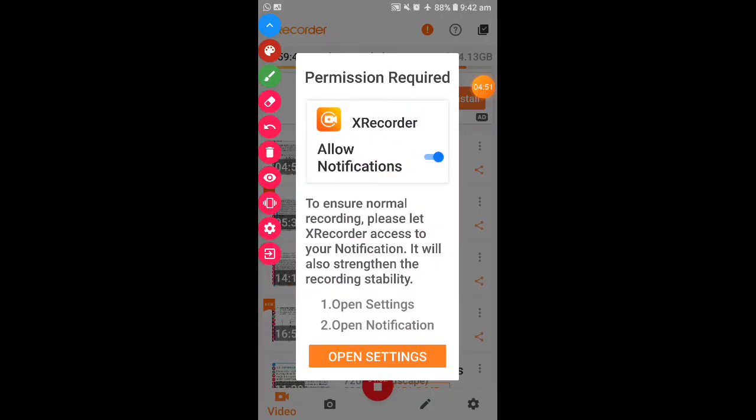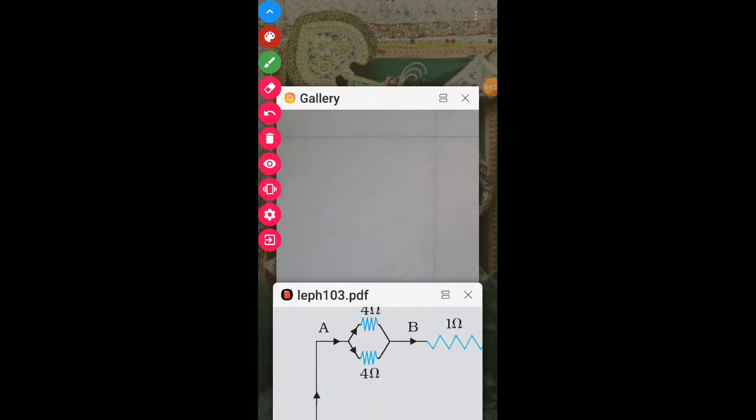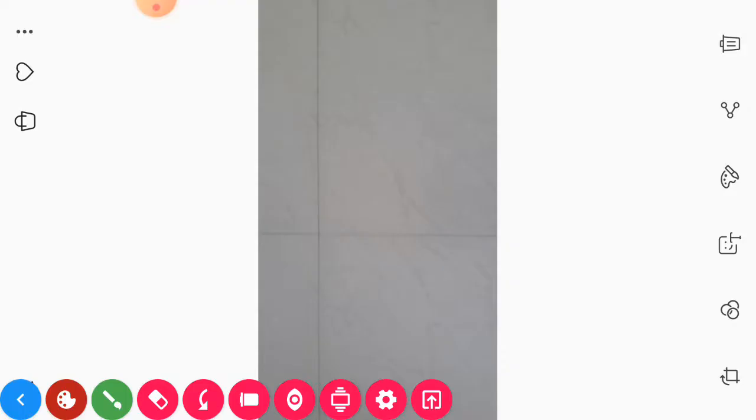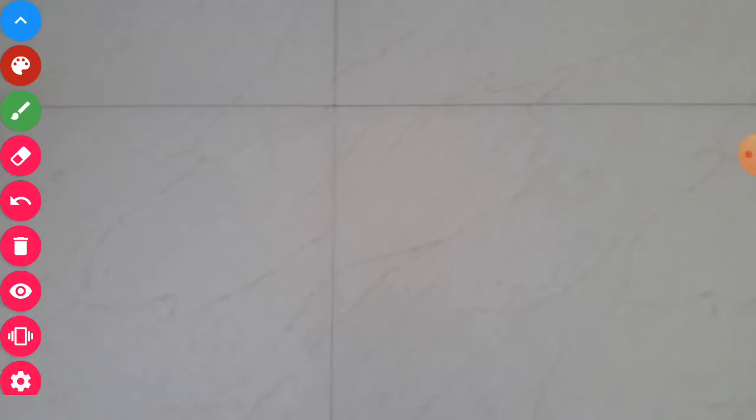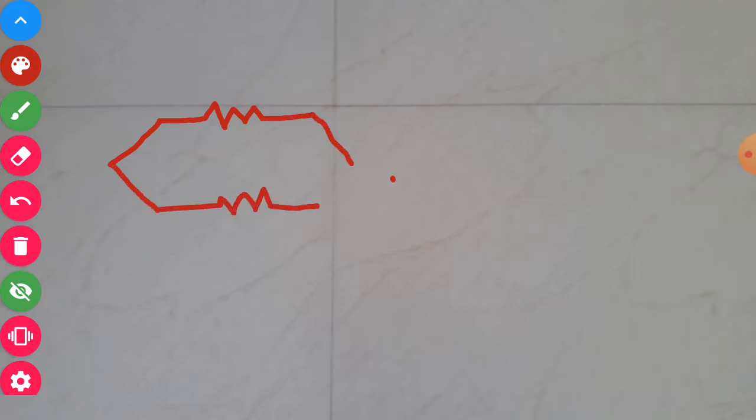Now that can be done with the help of the voltage distribution, or rather the rule that the potential difference across resistors is the same if they are in parallel. Now try to understand this rule. Say for example this is your first resistor and this is the second resistor, of 4 ohm each.